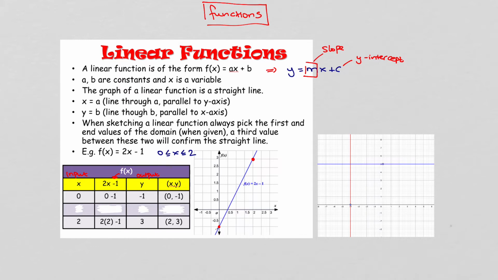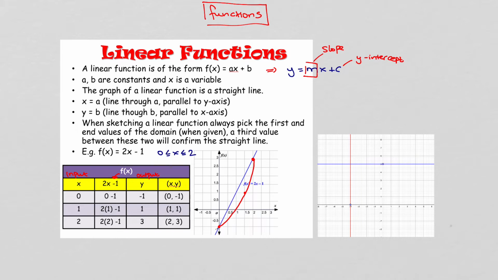And of course, if I wanted to convince myself that it's definitely a line and that there isn't some random point over here making it a curve, then you could always take a point between 0 and 2, such as 1, which would give me 2 times 1 minus 1, which is 1.